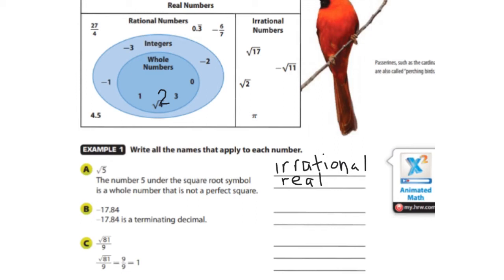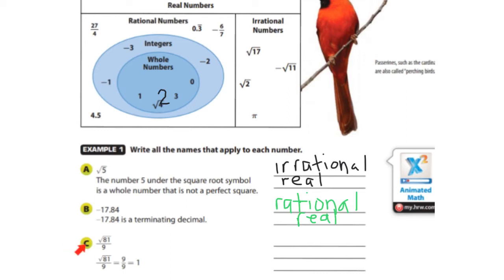It's not an integer either, because it's a decimal. So it has to be rational and real. So let's make this one rational, and it's also real.